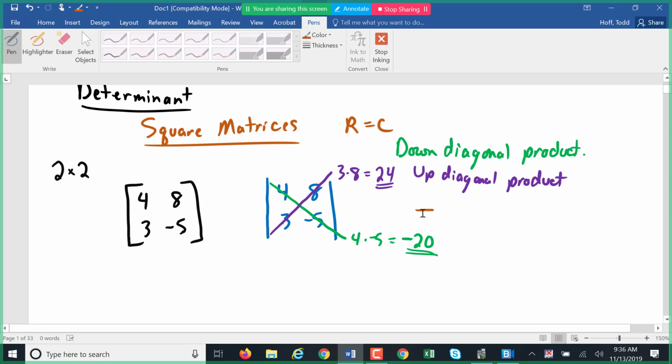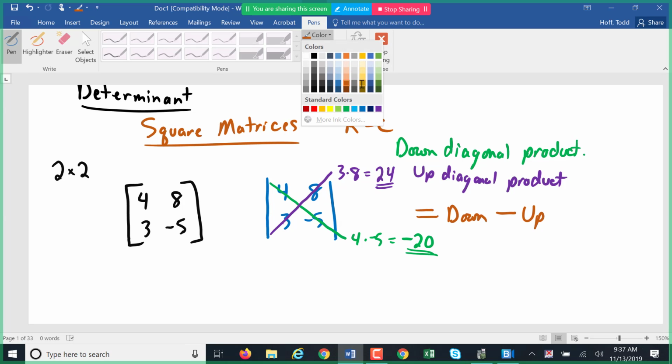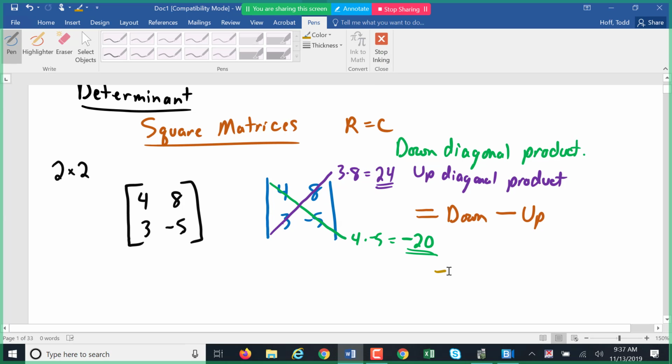Our determinant is found by taking the down diagonal product minus the up diagonal product. So in this case, that's a negative 20 minus 24. This matrix has a determinant of a negative 44.